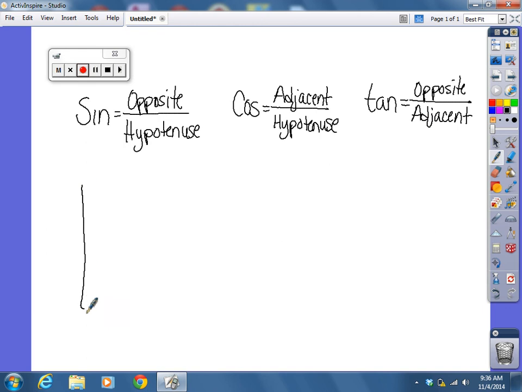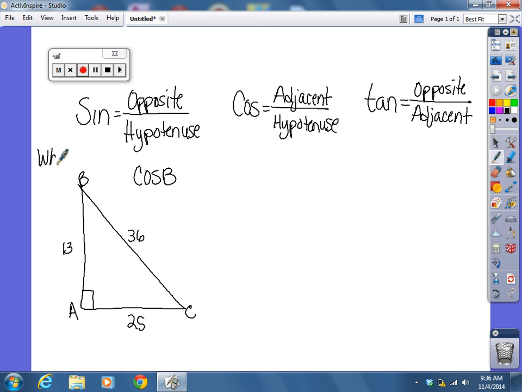So if I have a triangle and they give me all the sides, so this side is 13, this is 25, and this is 36, and the question is going to be something like, give me the cosine of B. What's the ratio to cosine of B?